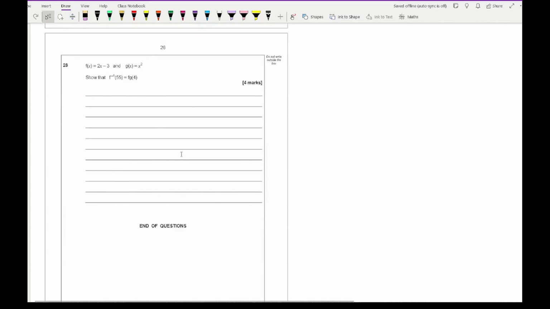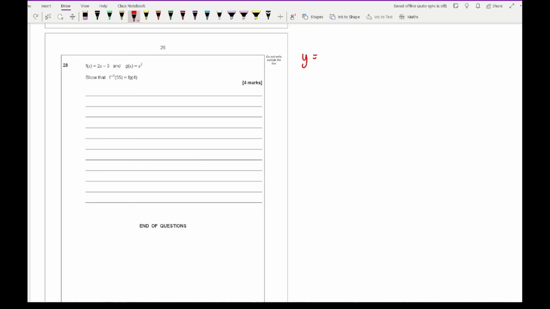Now, coming up to our last question, which is looking at functions, it says that f of x is 2x minus 3, g of x is x squared. Show that the inverse function of f of 55 is equal to fg of 4. Now, the first thing I need to do for this question is work out what the inverse function of f is going to be. Now, to work this out, what I need to do is make f of x equal to y.